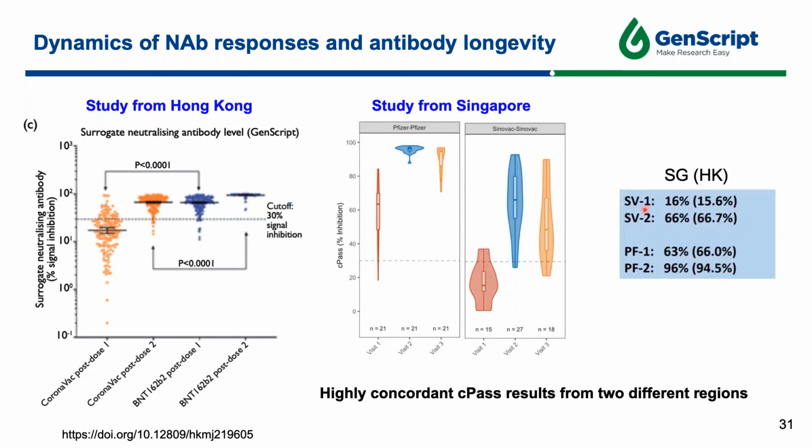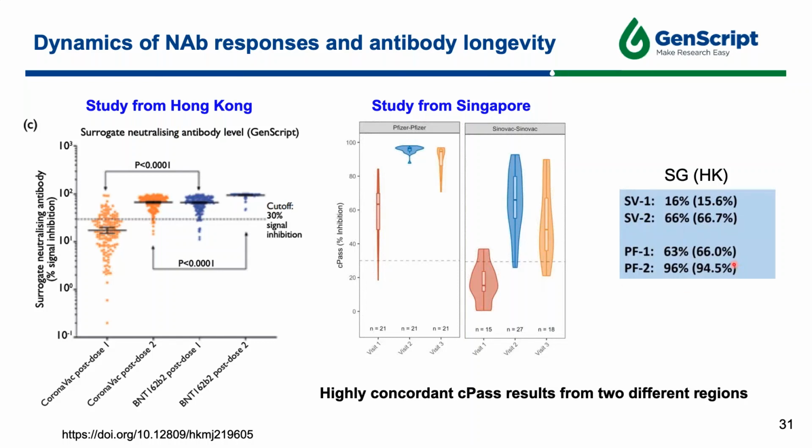So for the 1 dose of Sinovac, the cPass result from Singapore is 16%, and the result is 15.6% for Hong Kong. And for the second dose of Sinovac, the Singapore result is 66%, while the result obtained from the Hong Kong study is 66.7%.